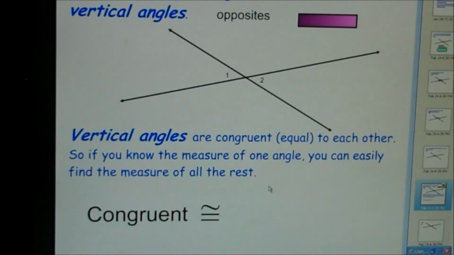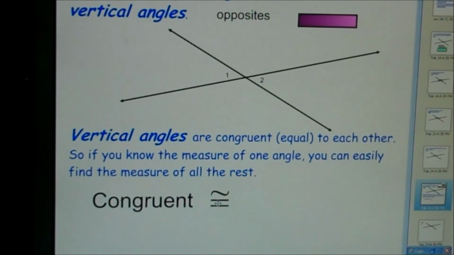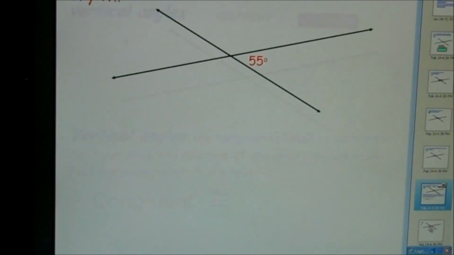And so if you know the measure of one angle, you can easily find the measure of all the rest. Congruent is a symbol that you learned also. Just refresh your memory. It's an equal sign with a swivel above it. So if I knew the measure of angle 1, I could easily find the measure of angle 2 because it's the same. It's equal to it. And then if I went back and I looked at supplementary angles, I could find the measure of another supplementary angle too. And we're going to try that.